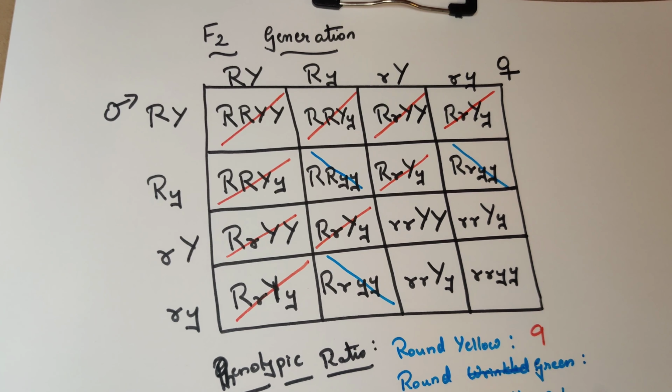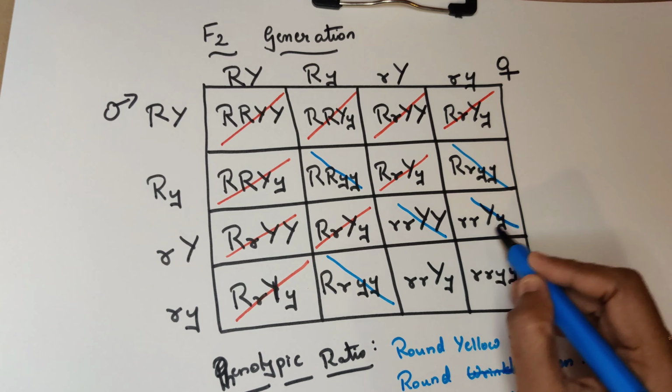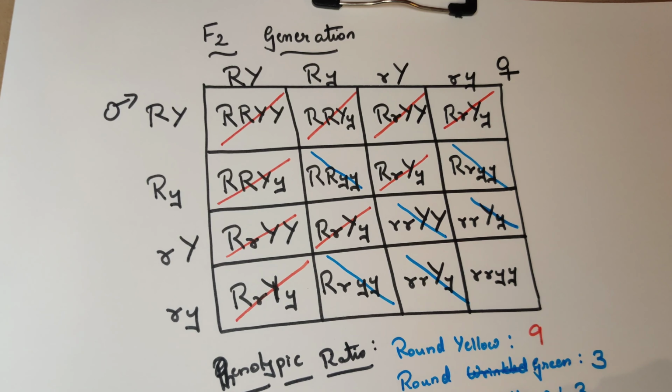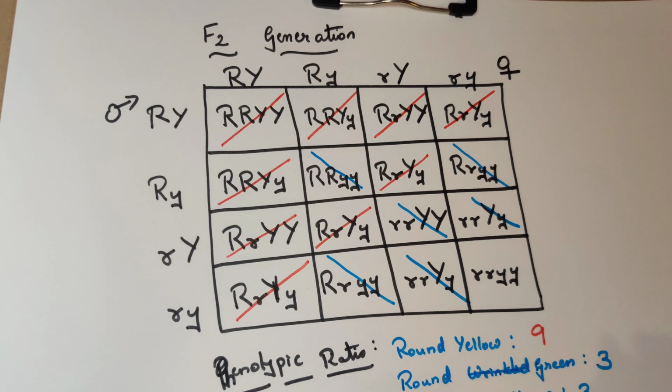Rest are not. So you write here round green is 3. And how many have only capital Y and no capital R? These are the ones. Again it is 3. How many contain all small letters? Only 1. So it is 1.